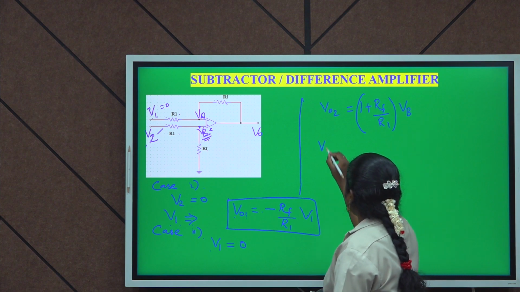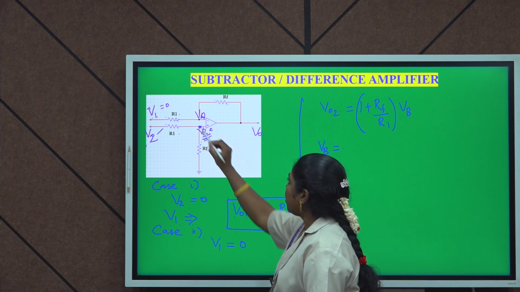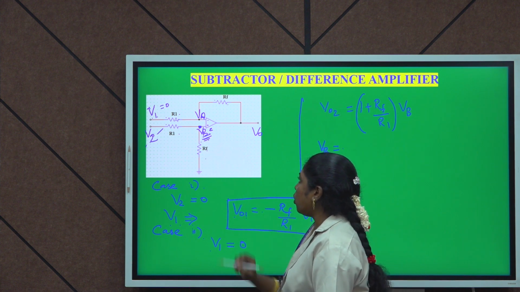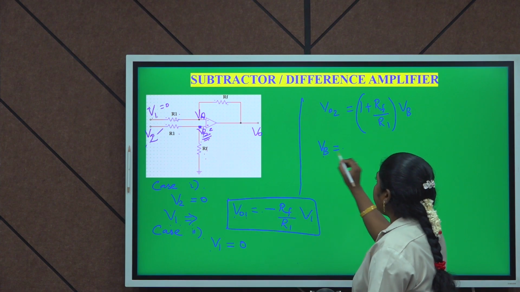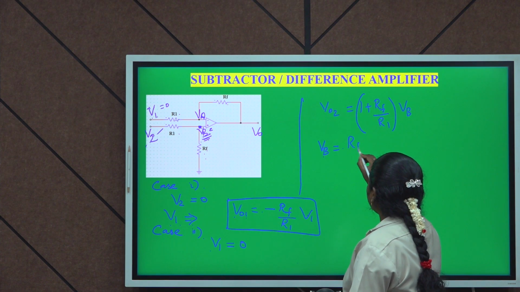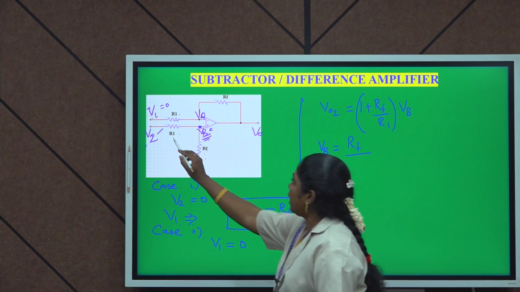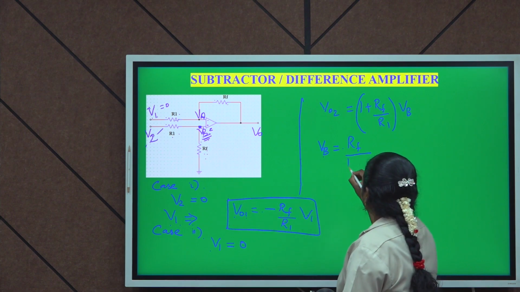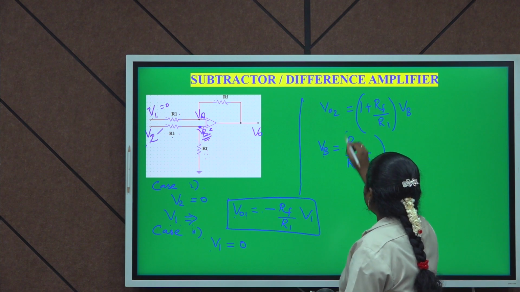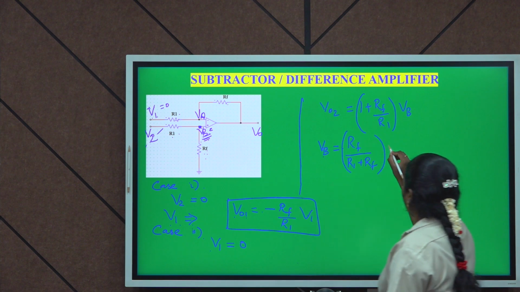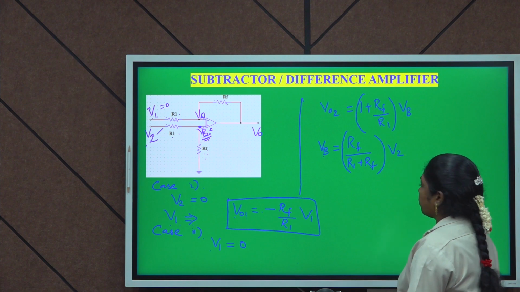The potential VB can be calculated using the potential divider rule. According to the potential divider rule, we can write VB is equal to RF divided by the total resistance R1 plus RF multiplied with the input voltage V2.